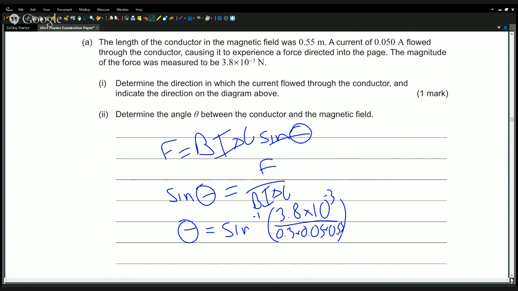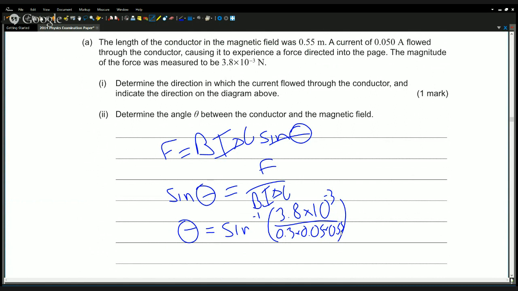Okay, so let's work that out. 3.8 e negative 3 divided by bracket 0.3 times 0.05 times 0.55 close bracket. Okay, the division of that is 0.461.